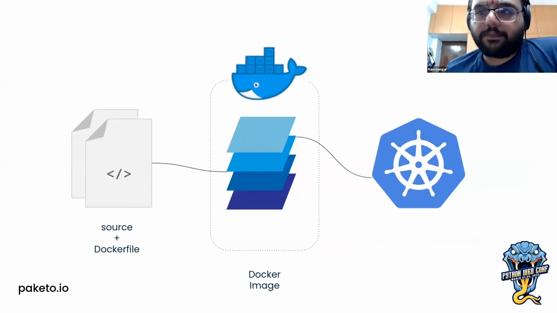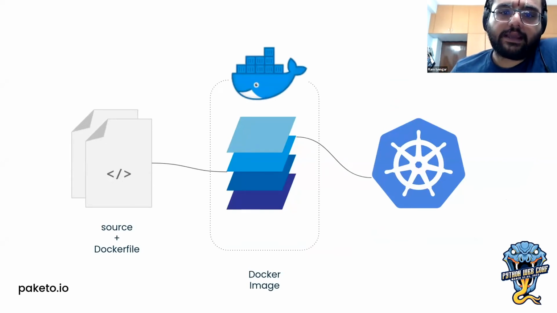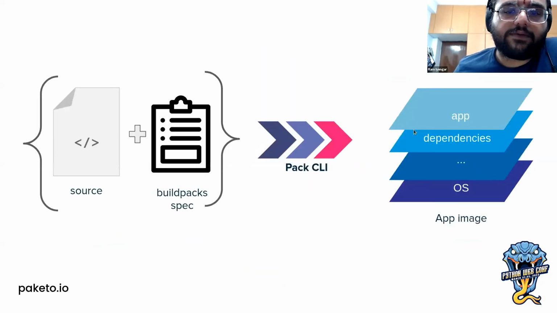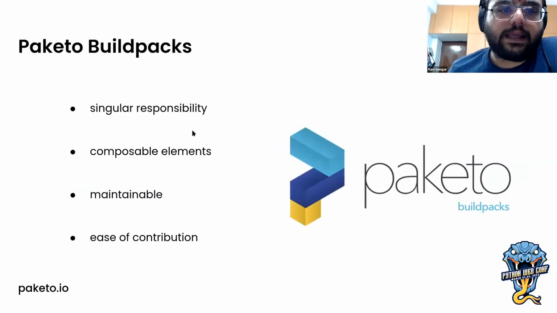So the distinction between having Docker in the process, which is the most popular containerization form, is you have a Dockerfile that lives along with your source, generating a Docker image that you can then deploy. Whereas with Pack, you basically have the source code, and because Pack already implements the Buildpack spec, you get an app image.